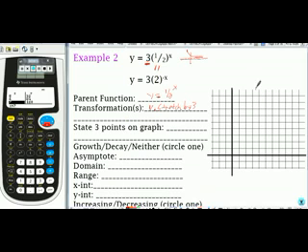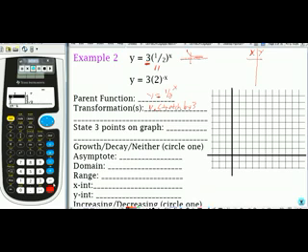Some points on the graph. Again, I'm going to make a T-chart real quick. Okay, you can plug into your calculator and get your points. 3 times 1/2, you could put it in as 1 divided by 2 if you wanted to, raised to the x. And I'm going to start here at -1.